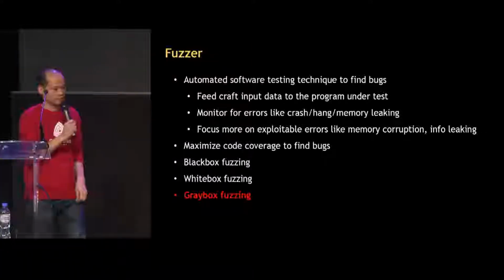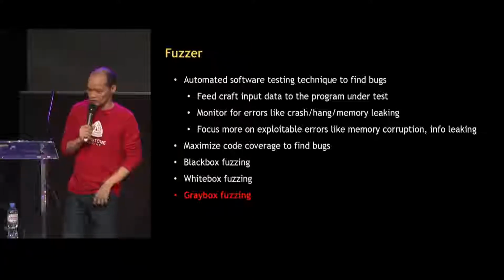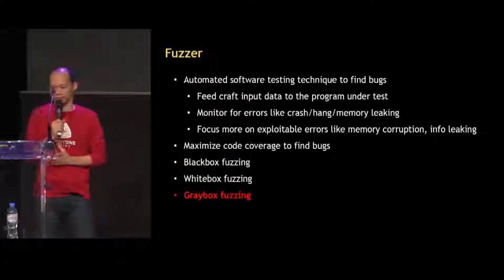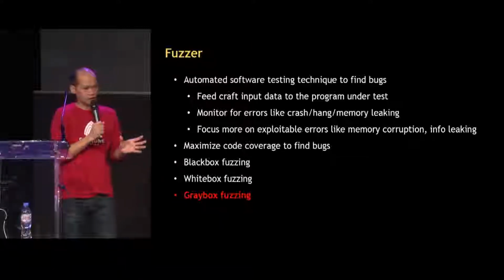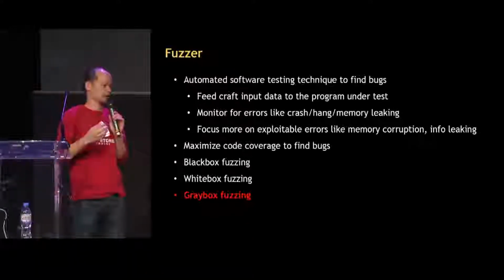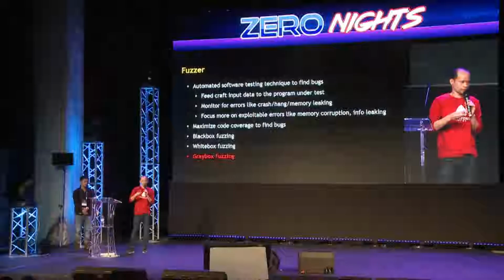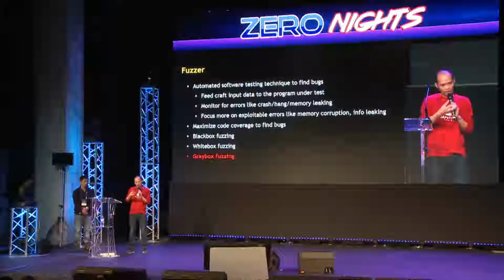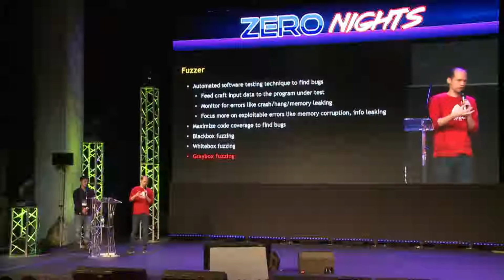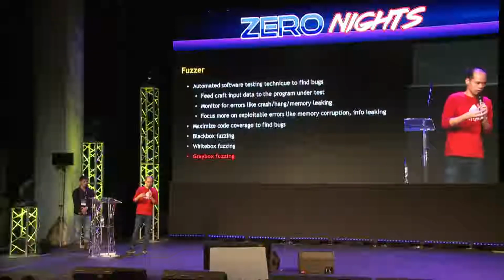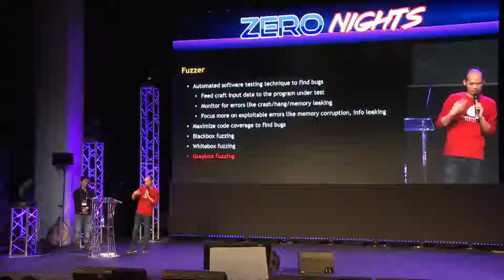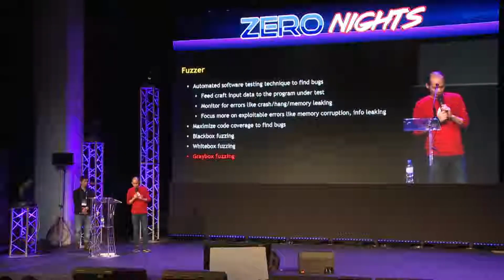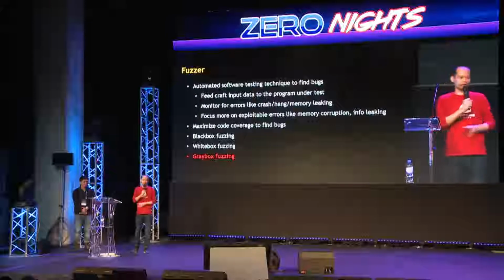The other type of fuzzer is the white box fuzzer. This one is totally different. It's much smarter than a black box fuzzer. White box fuzzers use many advanced program analysis techniques to understand how the program works. Based on this information, a white box fuzzer can generate very good input and can quickly go to many corners in the program.